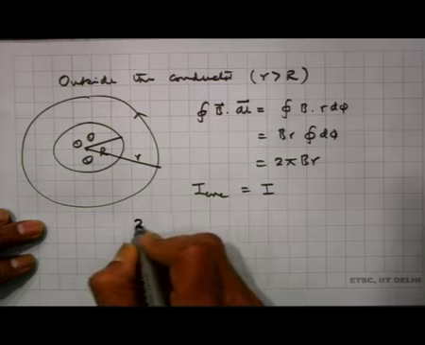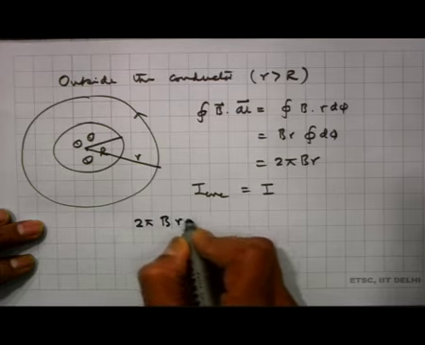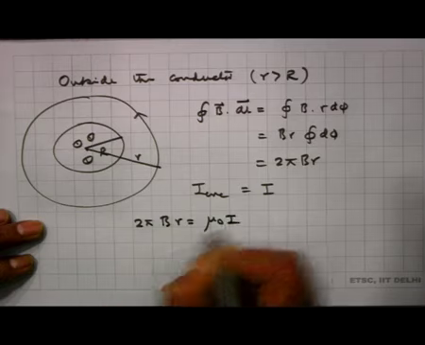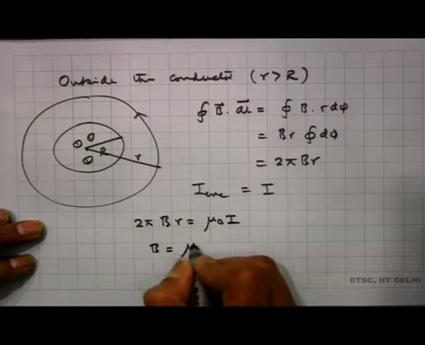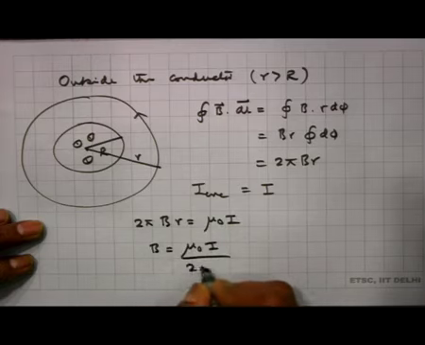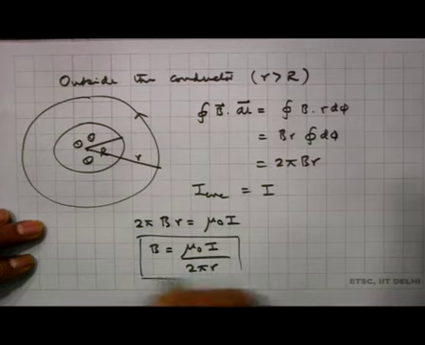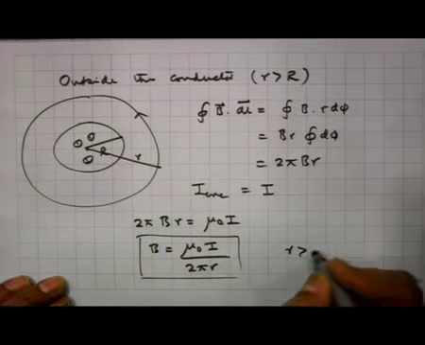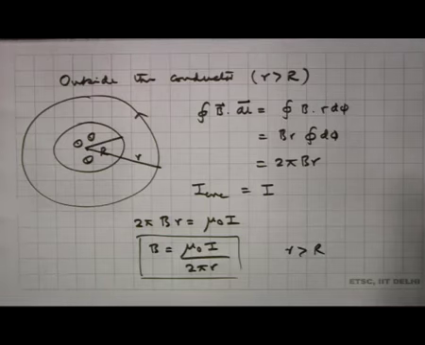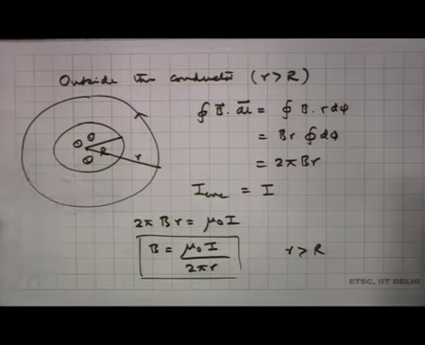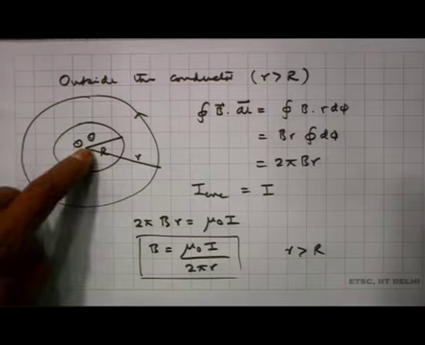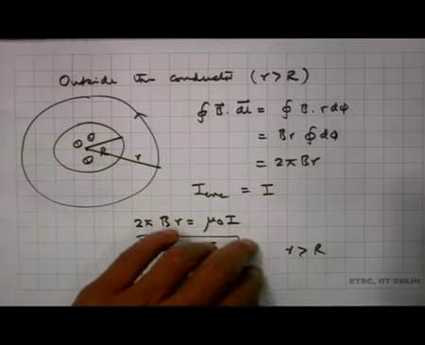So, I get 2 pi B r is equal to mu naught I, or B is equal to mu naught I by 2 pi r. This is the same as the magnetic field produced by a current carrying conductor carrying current I, and so it does not depend on the size of the conductor. Outside the conductor, the magnetic field is as if the entire current was passing through the center of the conductor. So, I have got the two expressions here.